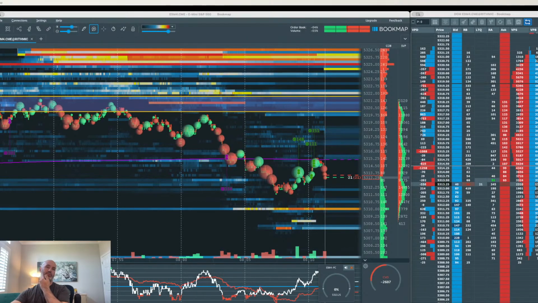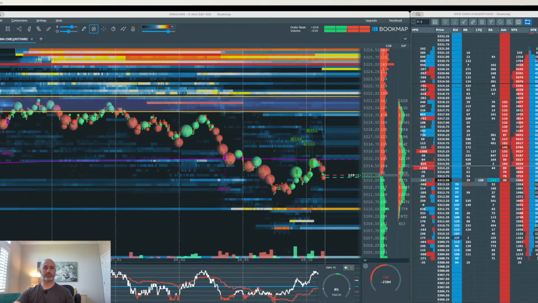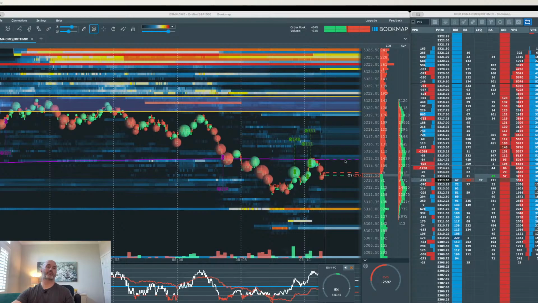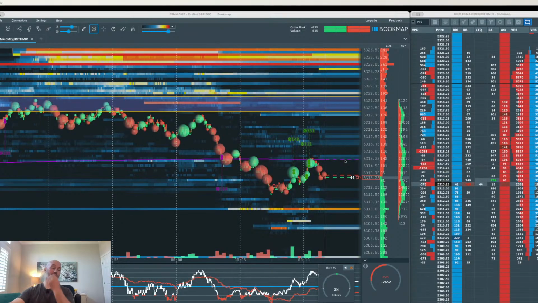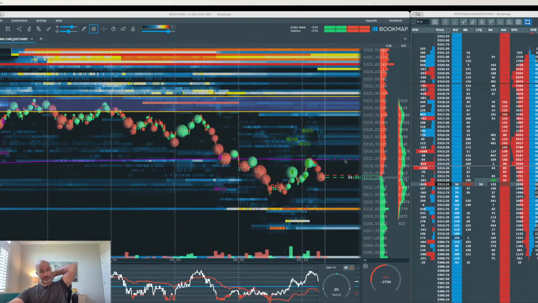Yeah, VWAP is holding here. The question is whether VWAP becomes resistance instead of support, and we have a strong push down here.